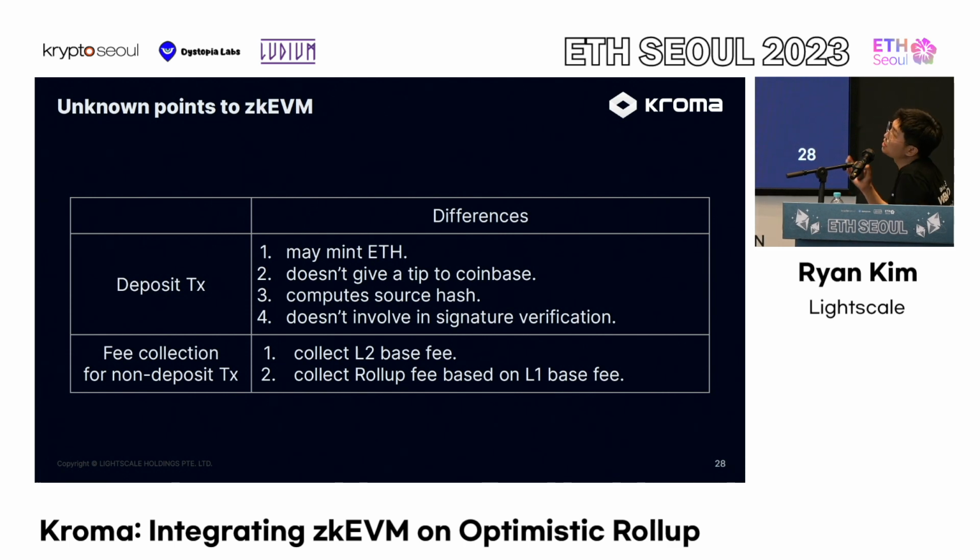But in our case, zkEVM doesn't know about some custom parts derived from Optimism, so we need to let it know what's unknown to it. There are two differences: one is the custom transaction called the deposit transaction, and the other is fee collection, because the L2 needs to submit the transaction or state commitment to the network, right?